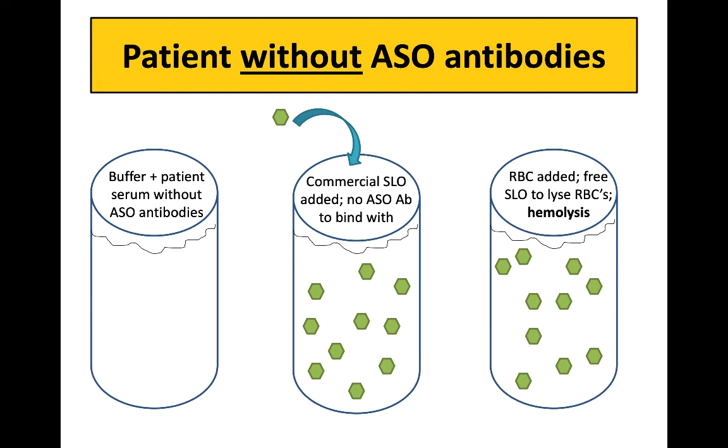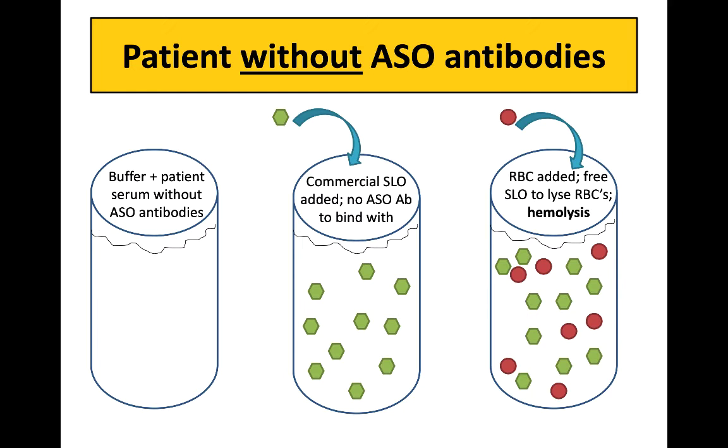So when I add red blood cells to it, the red cells will be hemolyzed by the free streptolysin O. And in this case, that's an indication of one of two things. Either this patient has never had streptolysin O in their system, so they've never made antibodies, or perhaps we've gotten to a point where we've diluted the patient specimen out so much that there's not a lot of antibodies left to neutralize the strep.